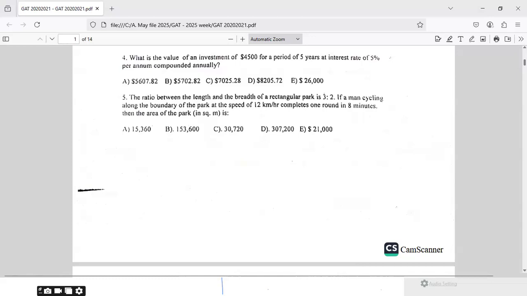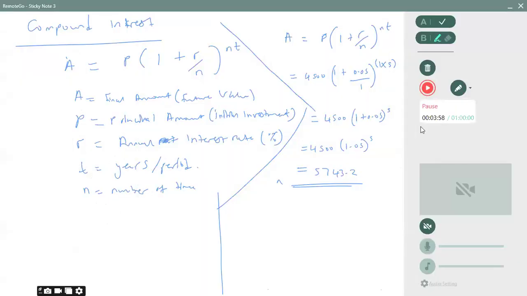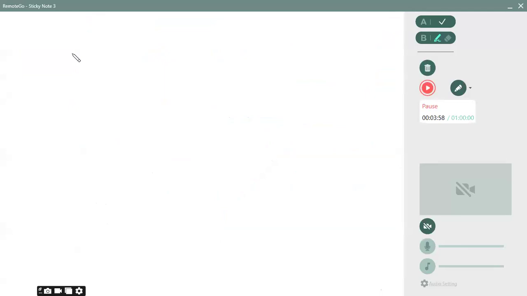So if a man is cycling along the boundary, now let me remind you, when they say along the boundary of the park, they are referring to a perimeter, because a perimeter is the total distance of the whole fence we are talking about. In this case, they have told us it is rectangular in nature.